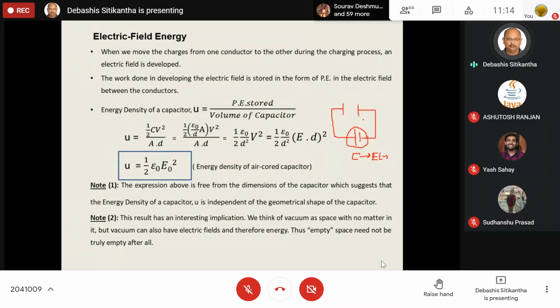Naturally, the chemical energy is converted to electrical energy in the case of a battery. Now, this electrical energy obviously is going to be changed to some other form of energy when it is stored inside the capacitor. Obviously, it is not going to be mechanical energy or light energy or chemical energy or nuclear energy, nothing like that. So what is actually going to be formed is something known as electric field energy.